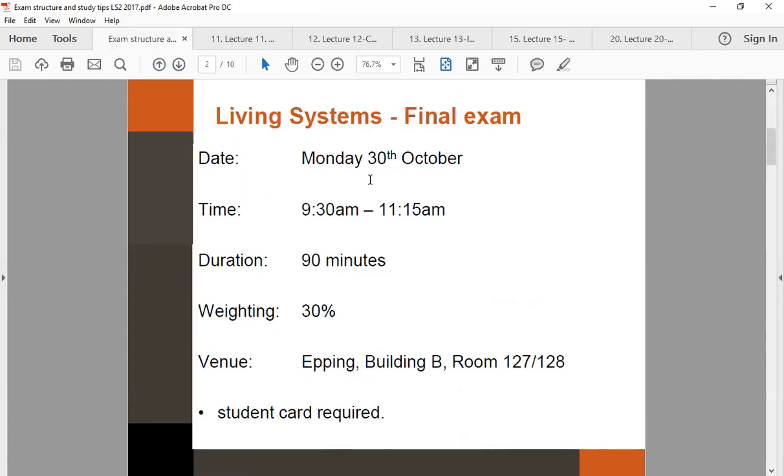The exam will occur on the first day of the exam period, Monday the 30th of October. We're currently in week 13 of semester, so this is the last week of semester. Next week, you should all have the week off, and then the following week is the beginning of the exam period. And apparently most subjects don't have exams anymore, which I think would make students very happy.